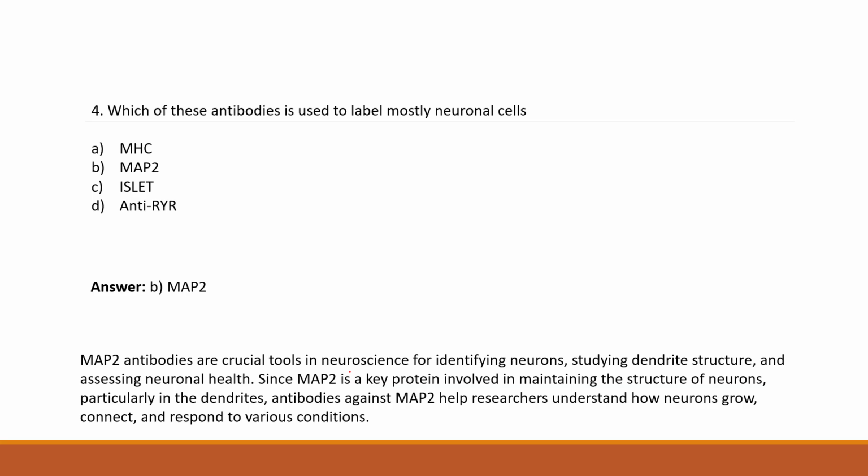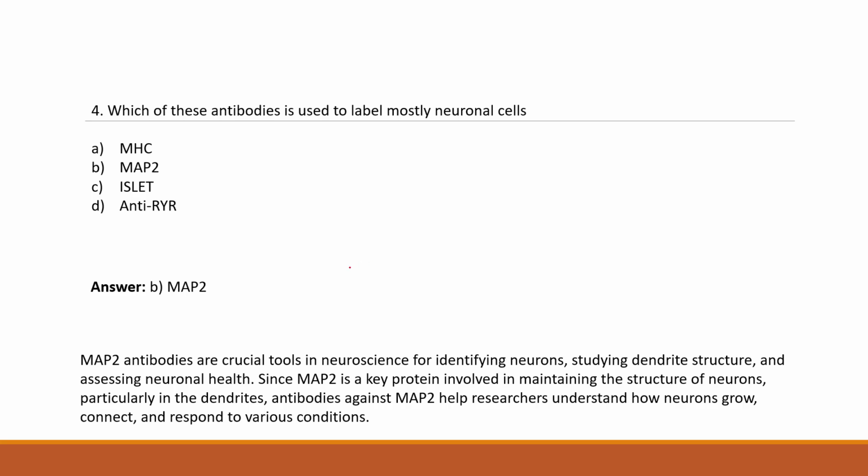That's why mostly we label the neurons with MAP2 for checking. Since MAP2 is a key protein involved in maintaining the structure, like I said, it is a microtubule associated protein. So it is very important in maintaining the structure of the neurons, particularly the dendrites. Antibodies against MAP2 help researchers understand how neurons grow, connect, and respond to various conditions.